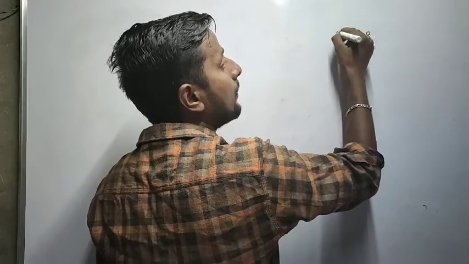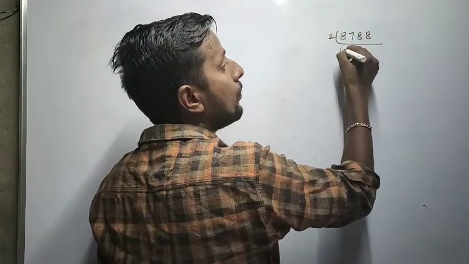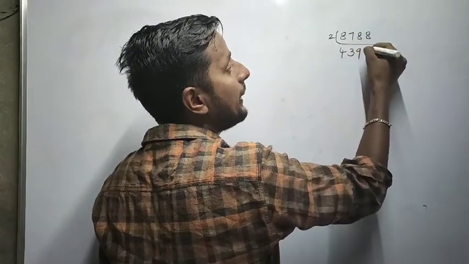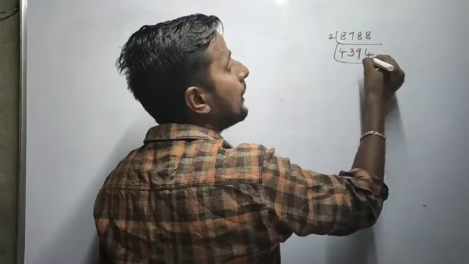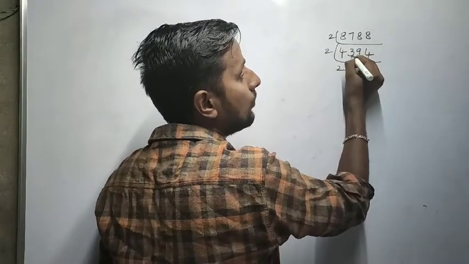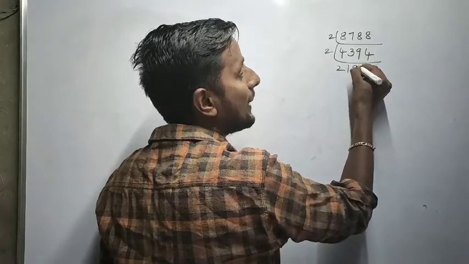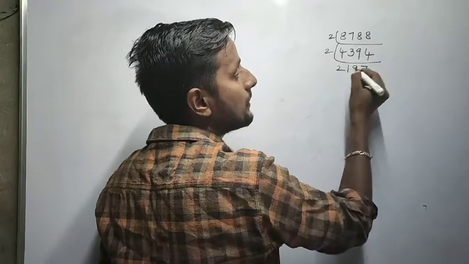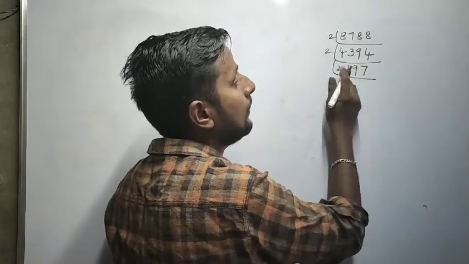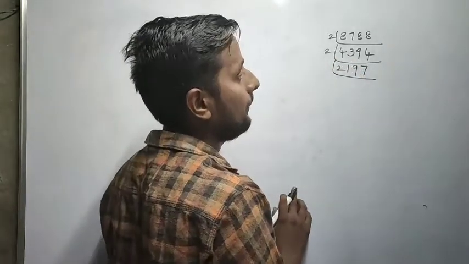8788. 2 4s are 8, 2 3s are 6, 1 8. 2 9s are 18. Okay, finished. Next, do the table. 2 2s are 4. 2 1s are 2. 1 9. 2 9s are 18. 1 4. 7s are. I think it's divisible by 7.